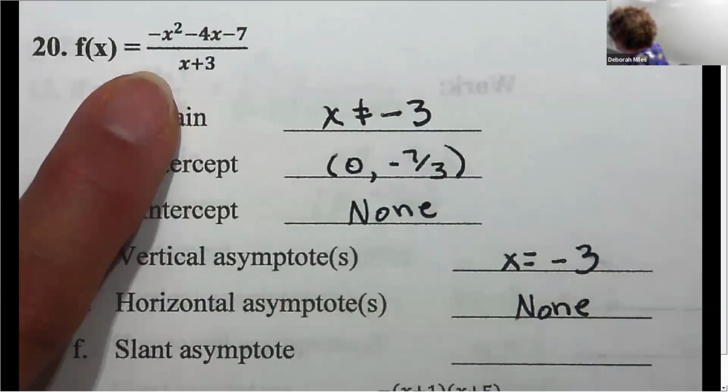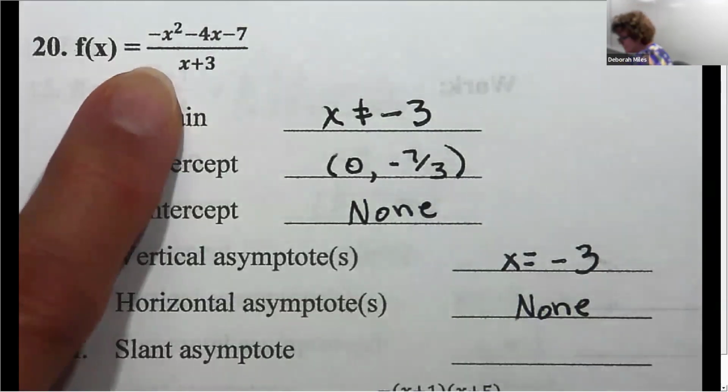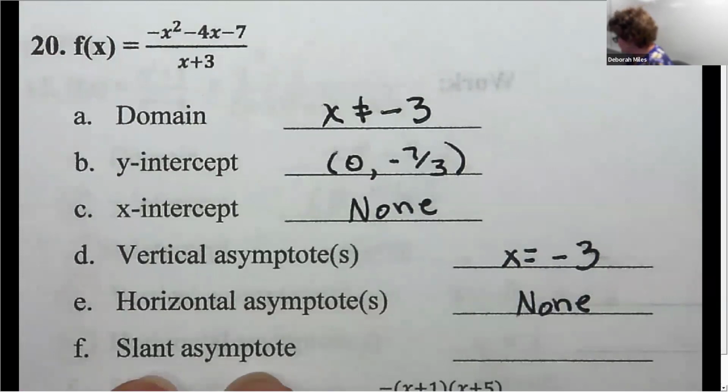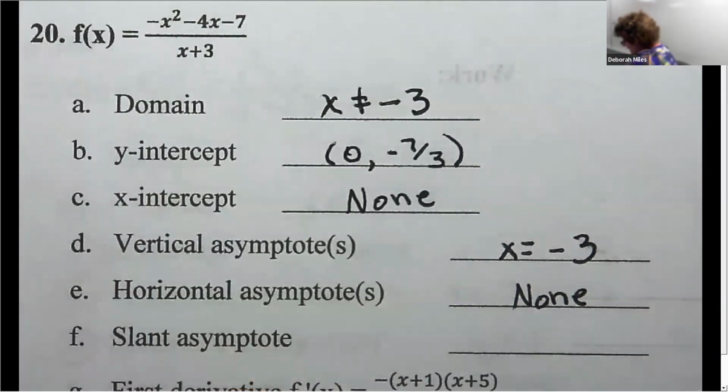But if the degree of the numerator is just 1 more than the degree of the denominator, there's a slant asymptote. And how do you find it? Some kind of division. Synthetic, long division. I hope I never gave you long division. I don't think I did.